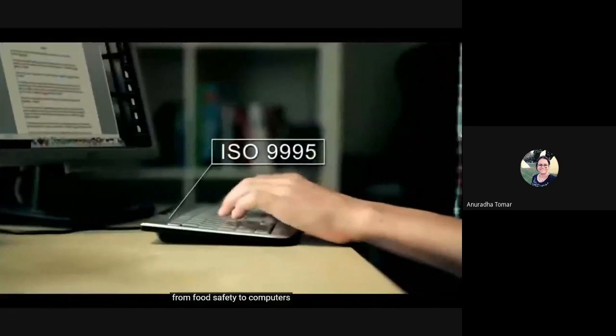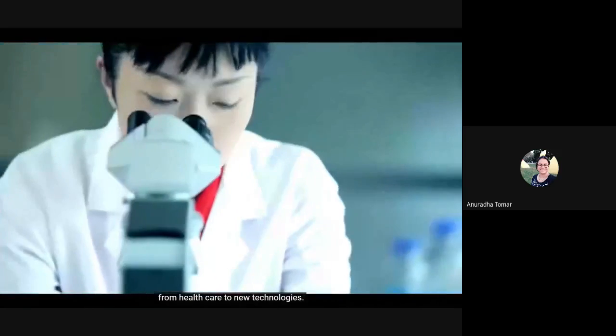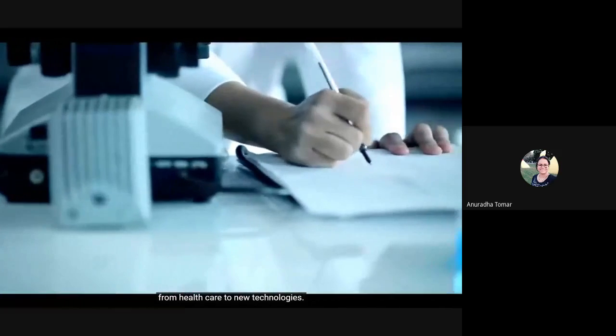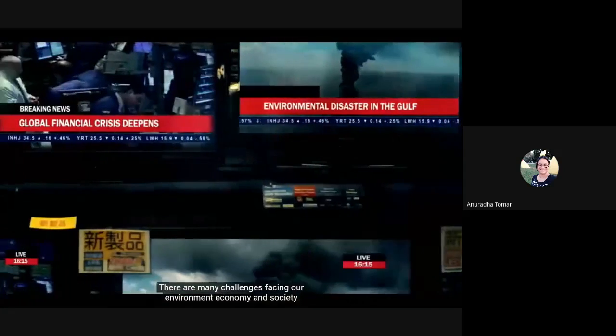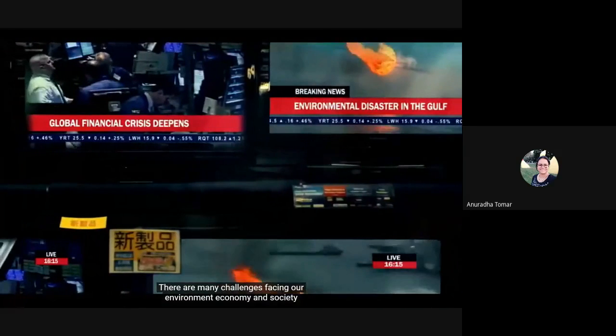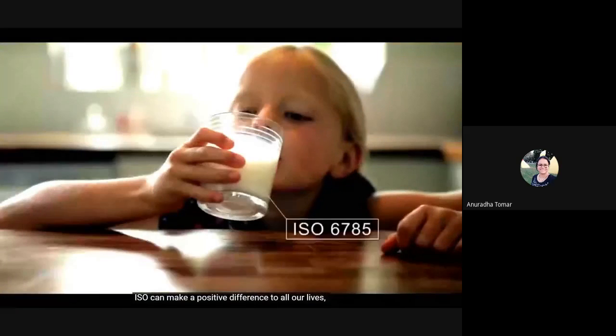From food safety to computers, from healthcare to new technologies. There are many challenges facing our environment, economy, and society. ISO can make a positive difference to all our lives, utilizing a wealth of international experience and wisdom.